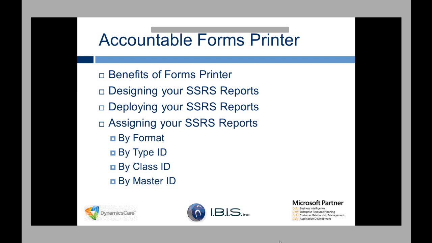This is if you have vendor classes or customer classes. You can use the class ID to decide which form you're going to use. And then finally, you can go all the way to a master ID. This would be the actual vendor or the actual customer. So you can get as specific as you need to be. If you need one customer who has a different form from everyone else, you can go ahead and drive it all the way down to that level.